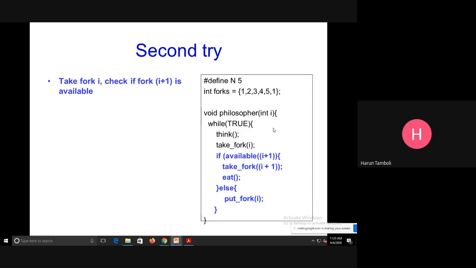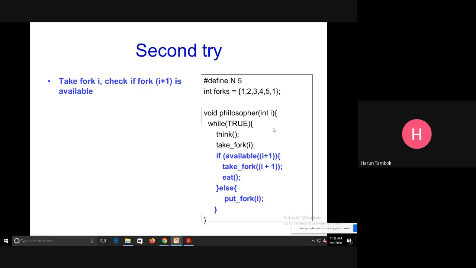That's why some modification is performed in the algorithm, and this second try is presented. In this second try, you can see the philosophers are initially in the thinking state. Then they call take 4, that is, collecting their right chopstick, and afterwards it checks if the left chopstick is available or not.